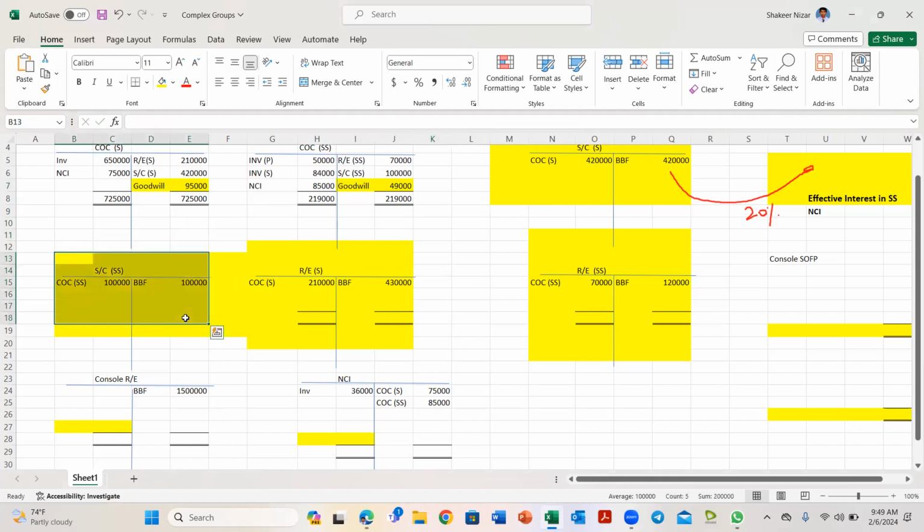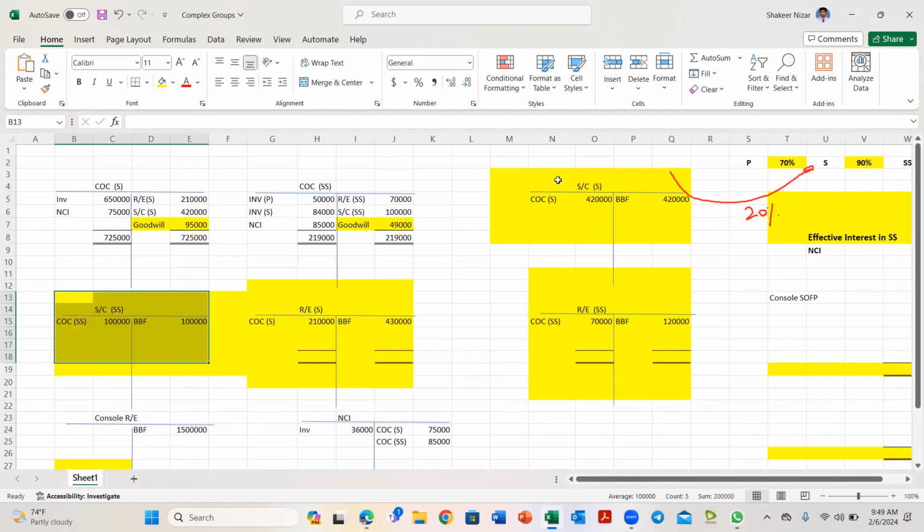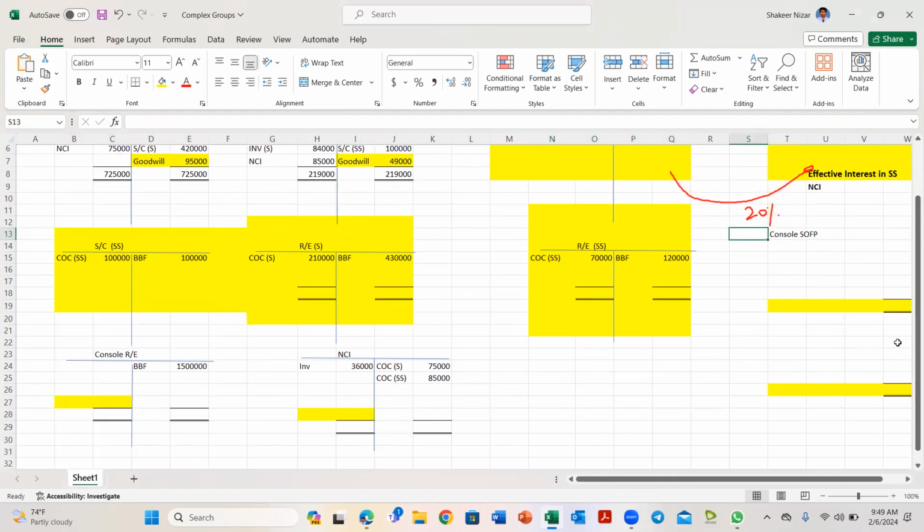Then these accounts we know to distribute. This account is done, clear, because all are okay now. This account also done. But the subsidiary retained earnings should be distributed among the consolidated, group retained earnings. What is the amount? This minus this into 70%, right? The remaining balance goes to 66,000, 30%. It means it goes to NCI, right?